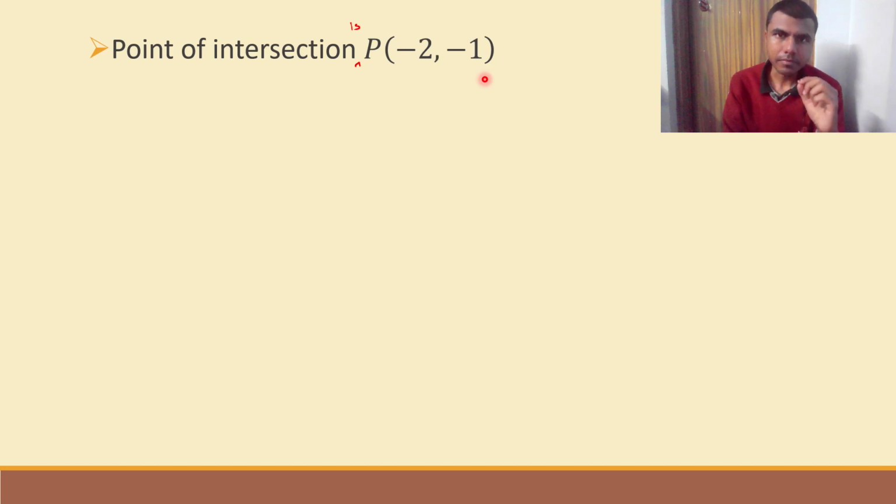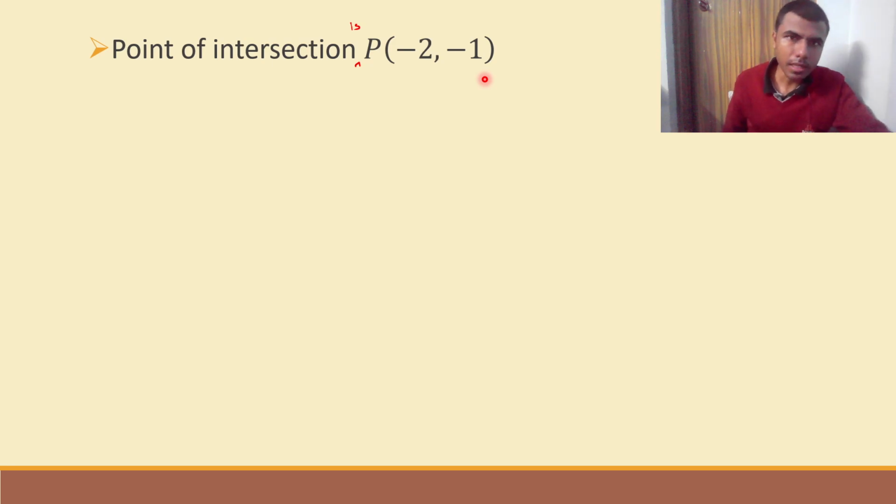Slope of tangent is nothing but dy by dx. So I'm going to take the two curves and differentiate them to get dy by dx. I'm going to find the slopes, and then using the tan theta formula I'm going to find the angle between the two tangents. This is the process which I'm going to follow.